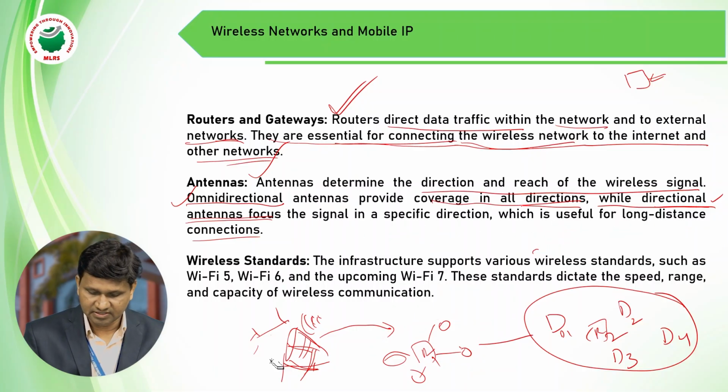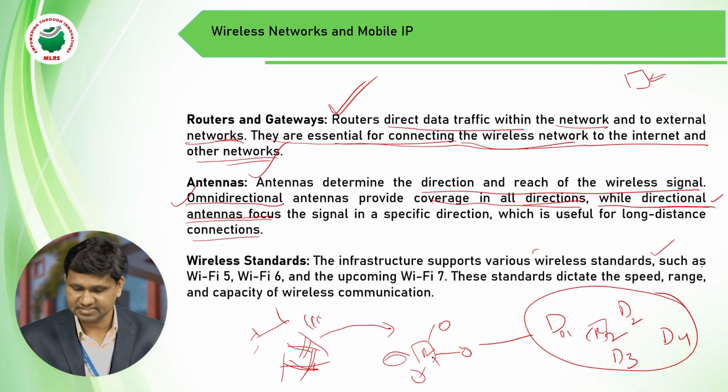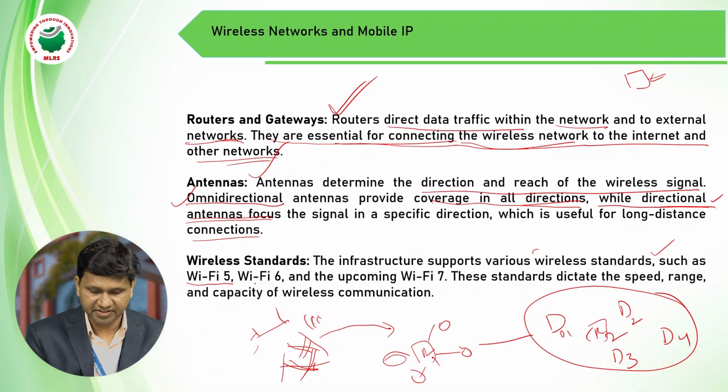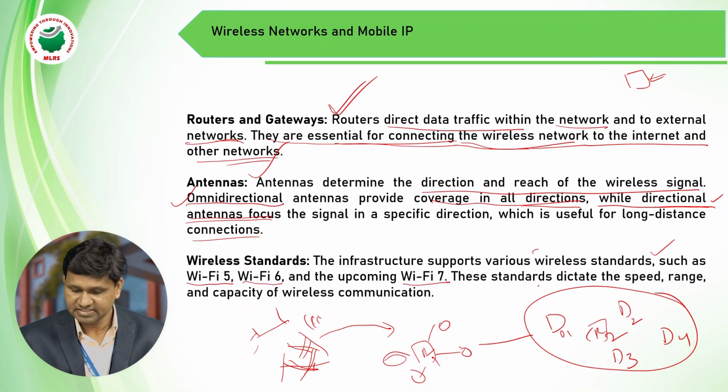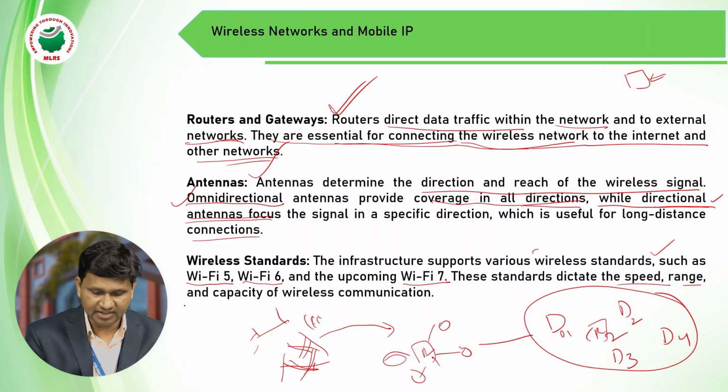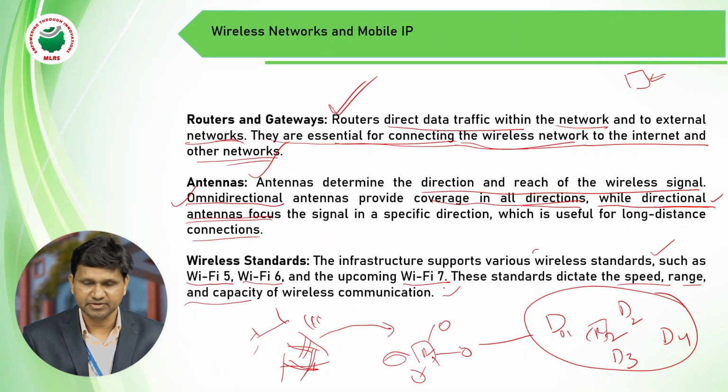Now see, the infrastructure supports various wireless standards such as Wi-Fi 5, Wi-Fi 6 and the upcoming Wi-Fi 7. These standards dictate the speed, range and capacity of the wireless communication. By using these wireless standards, based on the user requirement, we can reduce or increase the speed of the communication.